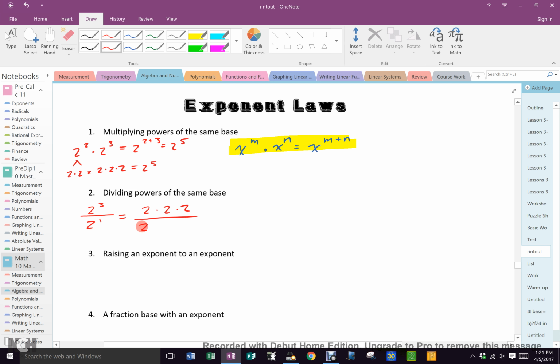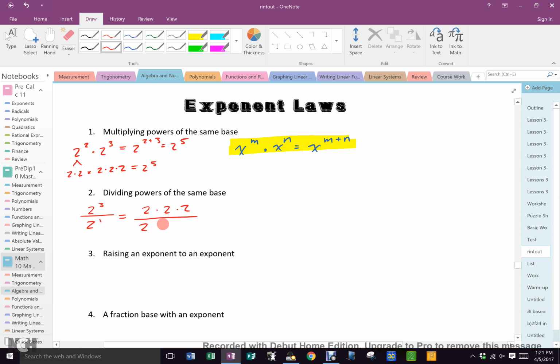What happens when I have the same number above and below in a fraction? They cancel out. Everybody says they cancel out. They just disappear, don't they? They don't really. 2 divided by 2 is what? 1. Do we ever write 1 when we're multiplying? No, that's what canceling means.